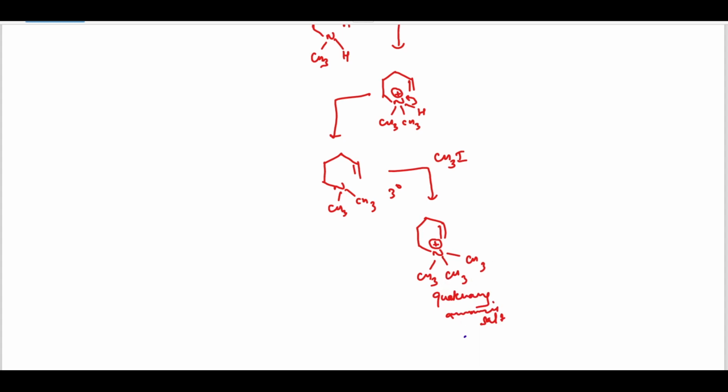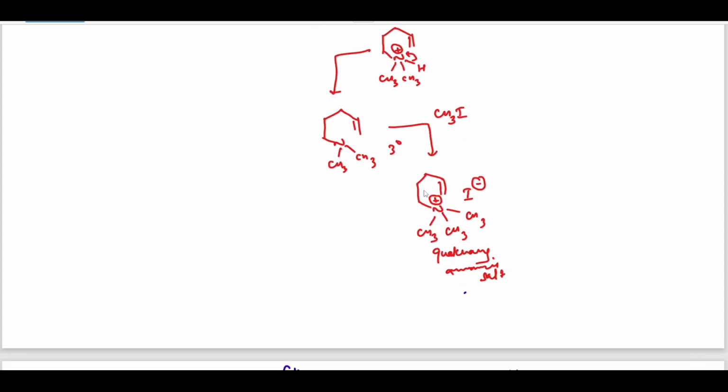After that, still, see in this case, there is also iodide anion. So here there is also iodide anion. This is your final quaternary ammonium salt. After that, you can see there is also beta hydrogen in this side. So this is alpha position, this is beta position.